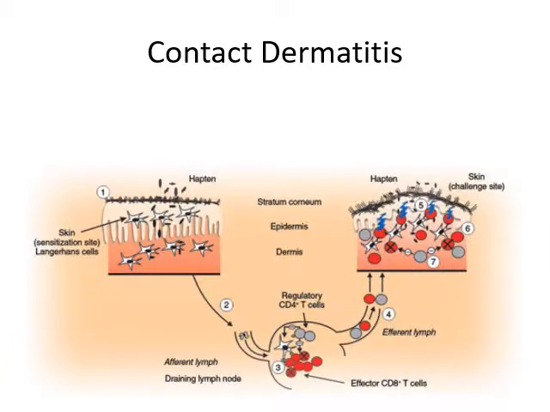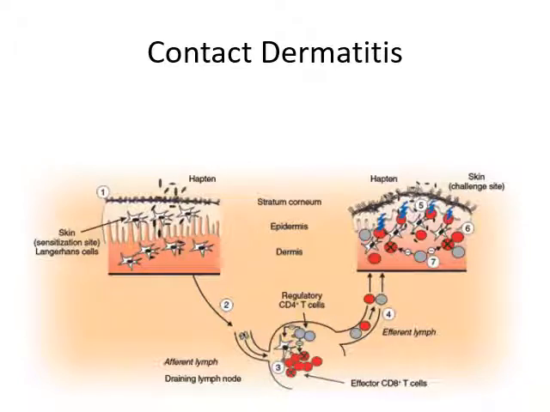So first, we discuss contact dermatitis. There are various chemicals which we discussed earlier which act as a hapten, and such haptens when adsorbed on skin will bind with various skin molecules, proteins, and they become allergens. Such allergens are taken up by the Langerhans cells in the first exposure.